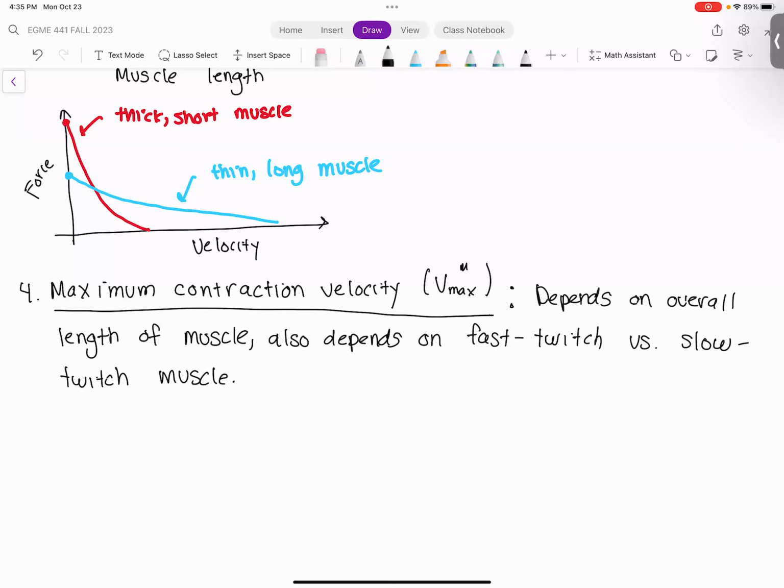What's interesting about human muscle is that you can't really characterize a particular muscle as being all fast twitch or all slow twitch. Biomechanically there are differences between the two, but generally in humans, for any given muscle you have a combination, where the fast twitch and slow twitch fibers are intertwined. Different muscles have different mixes or ratios of fast and slow twitch.